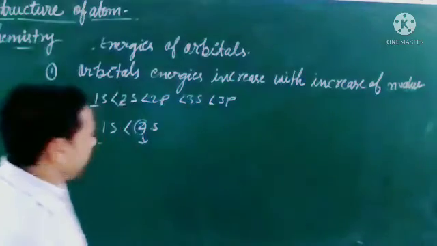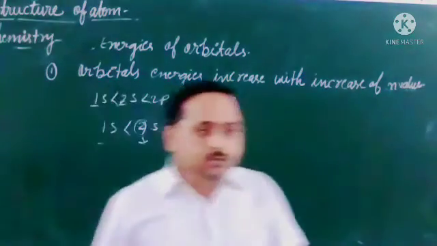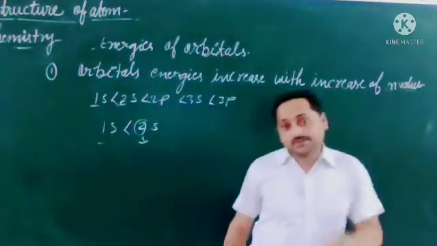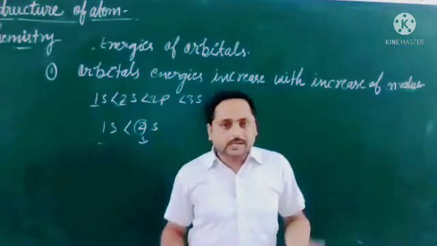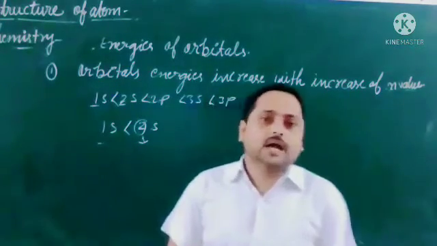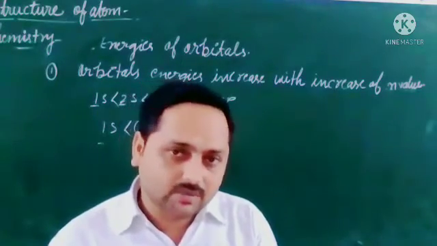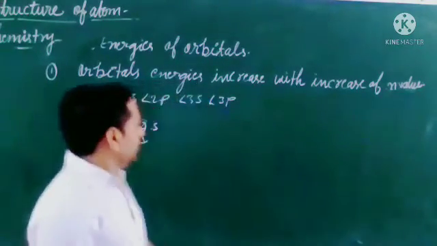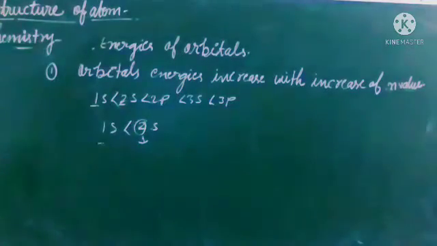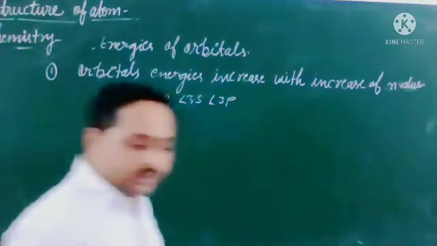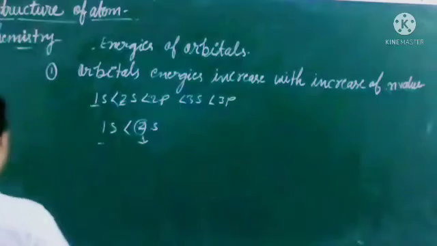But the question is, when two orbitals have the same n value, how do we decide the energy of the orbitals? In that case, we will do one thing. Just all of you see.